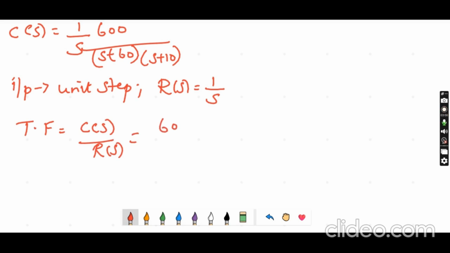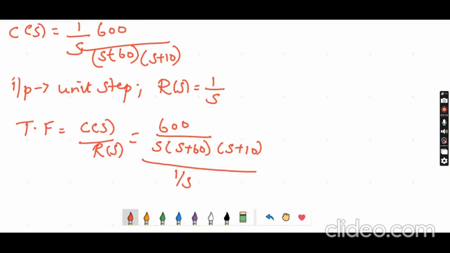C(s) is nothing but 600 divided by s into (s plus 60) into (s plus 10), the whole divided by R(s), which is again 1 by s. So both s terms will get cancelled out.